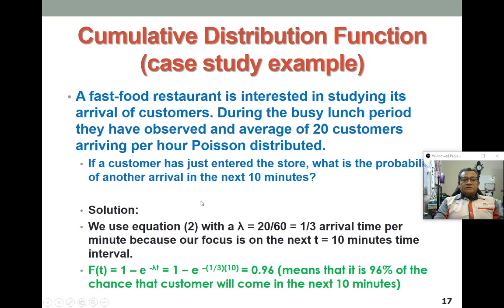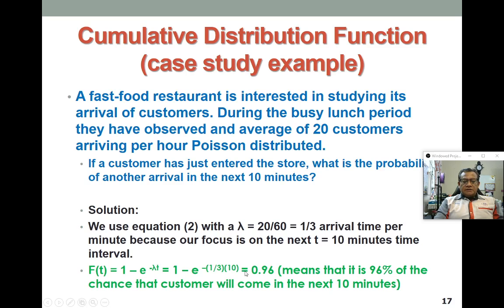To calculate the probability that the next customer will arrive in the next 10 minutes, the function of T equals 1 minus e to the power of negative lambda t, equal to 1 minus e to the power of negative 1 over 3, which is 20 over 60, multiplied by the next 10 minutes.